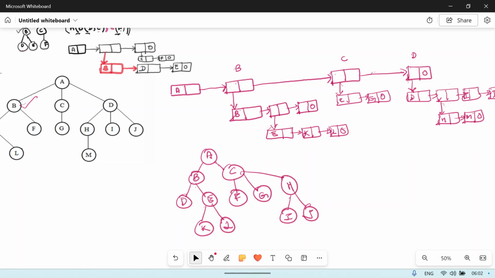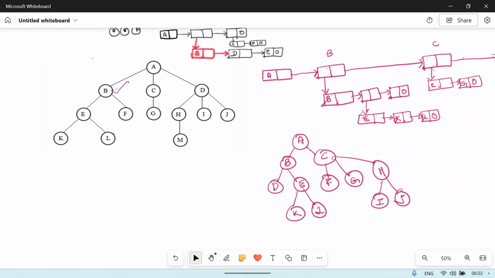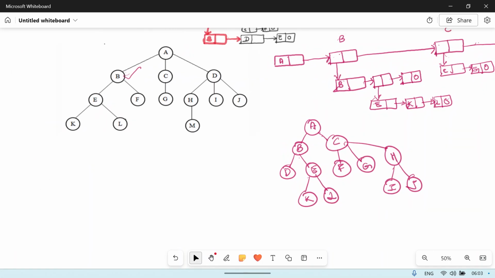Then it is left child, right sibling representation. We will do it for this one itself. The second representation is left child, right sibling representation.